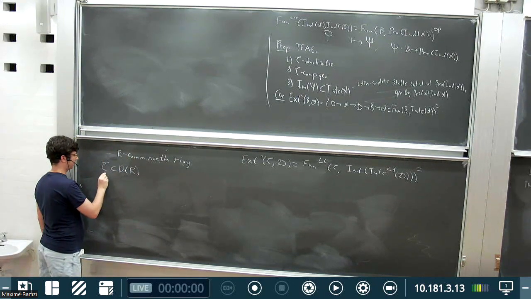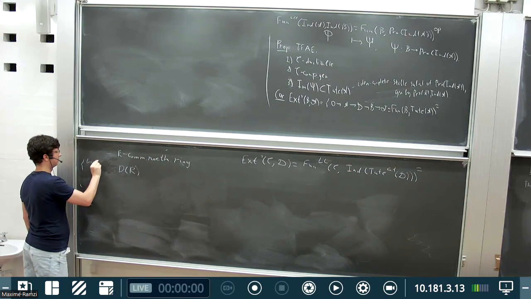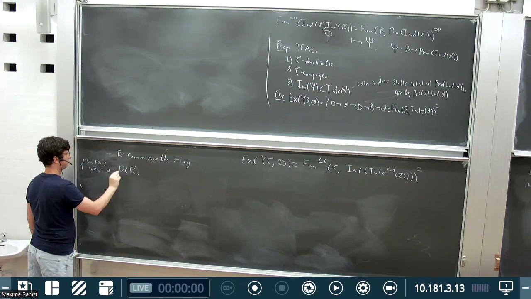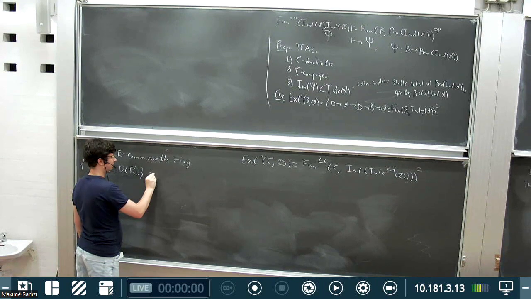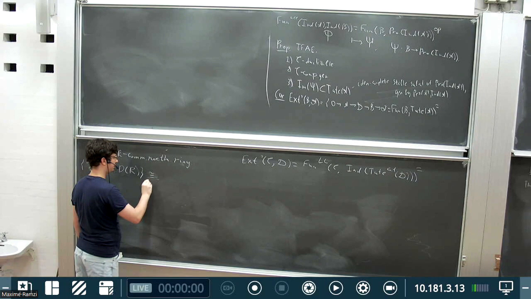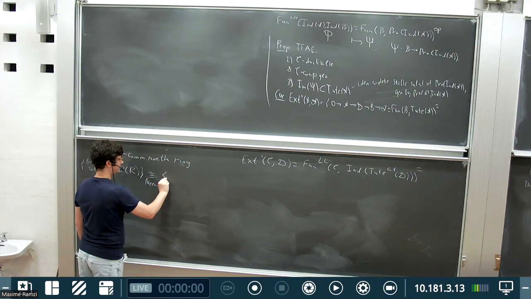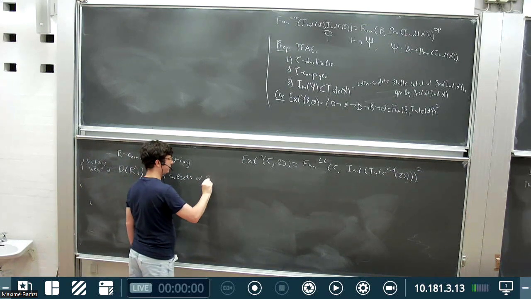We will consider localizing subcategories of D of R, and it is known, due to Neeman, that there is a bijection between this set and subsets of the spectrum of R.